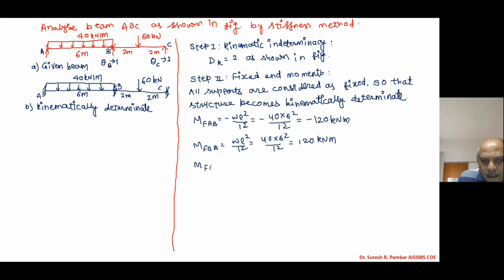MF BC is minus WL by 8, minus 30, and MF CB is WL by 8, that is 60 times 4 by 8, 30 kilonewton meter.